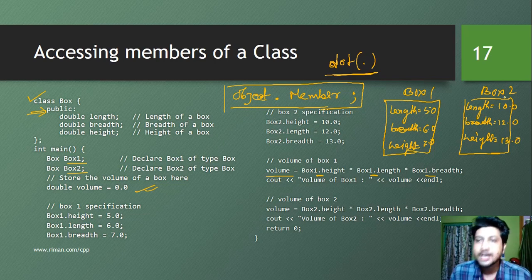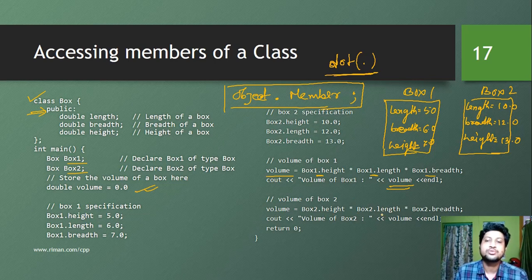This is how two objects are stored in the computer memory. Whenever you apply this formula, box 1 dot height multiplied by box 1 dot length multiplied by box 1 dot breadth, it calculates the volume of box 1, prints that result, and then we go to the volume of box 2.